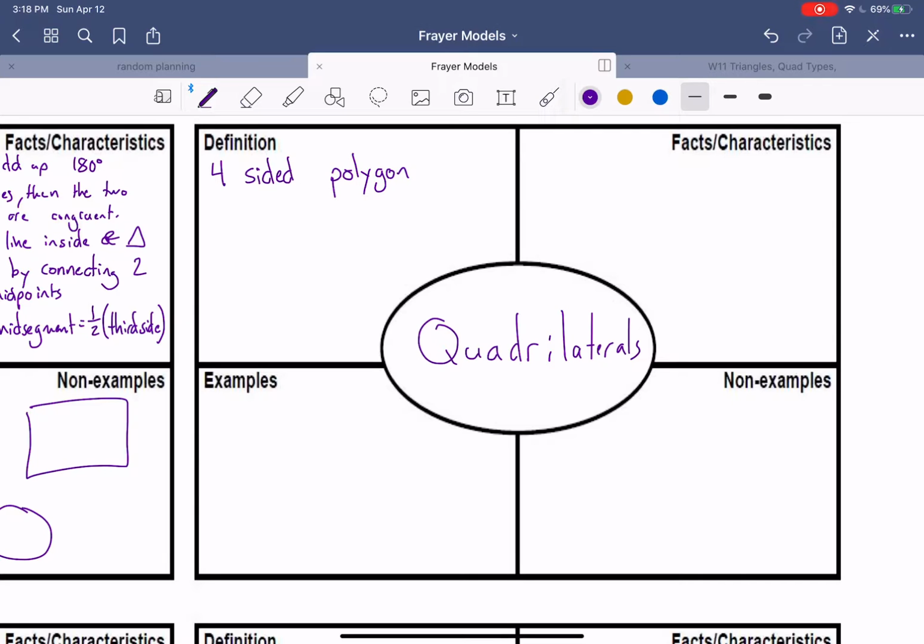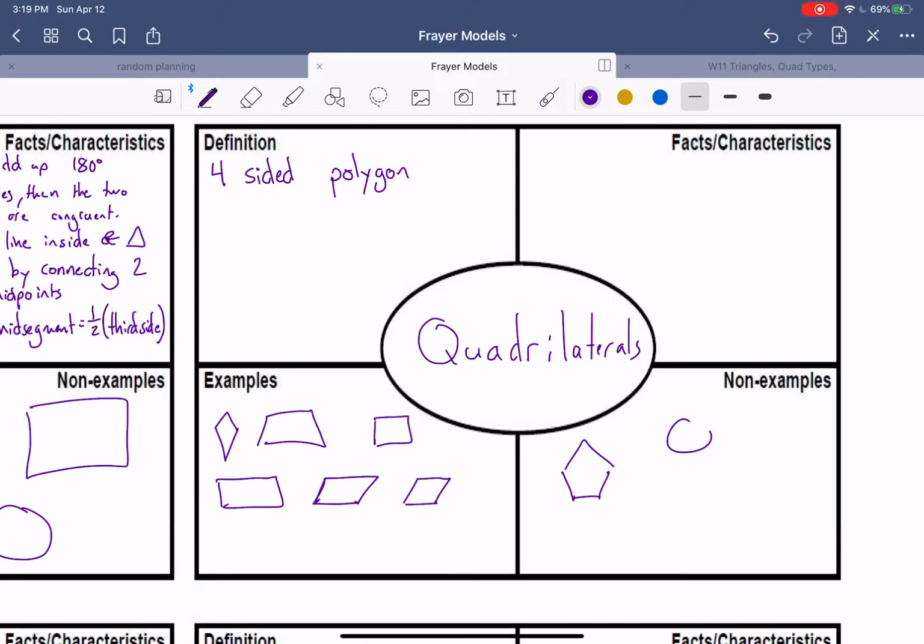This includes, which we're going to talk about next, kites, trapezoids, rectangles, parallelograms, rhombi, and squares. It does not include pentagon, it does not include circle, it does not include triangle, it does not include this shape that's four-sided but not connected, right? We will learn some facts and characteristics, but we're just going to use our definitions for now.